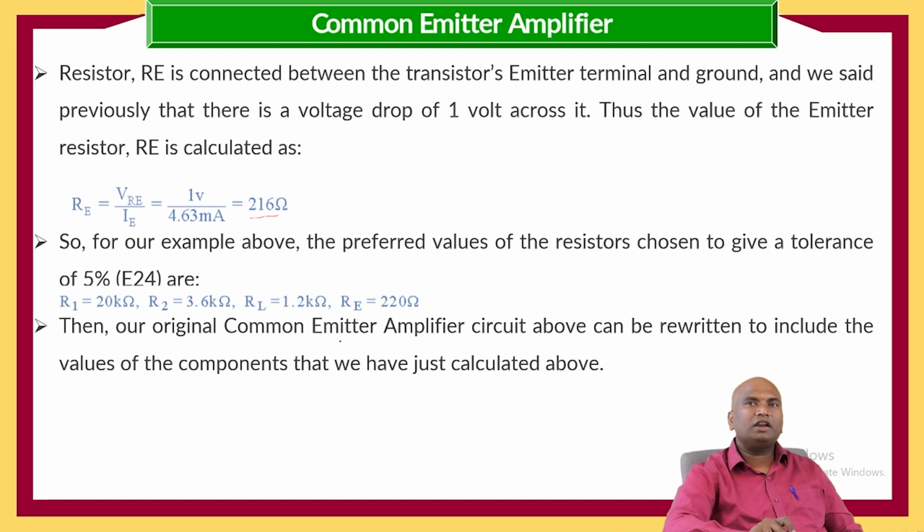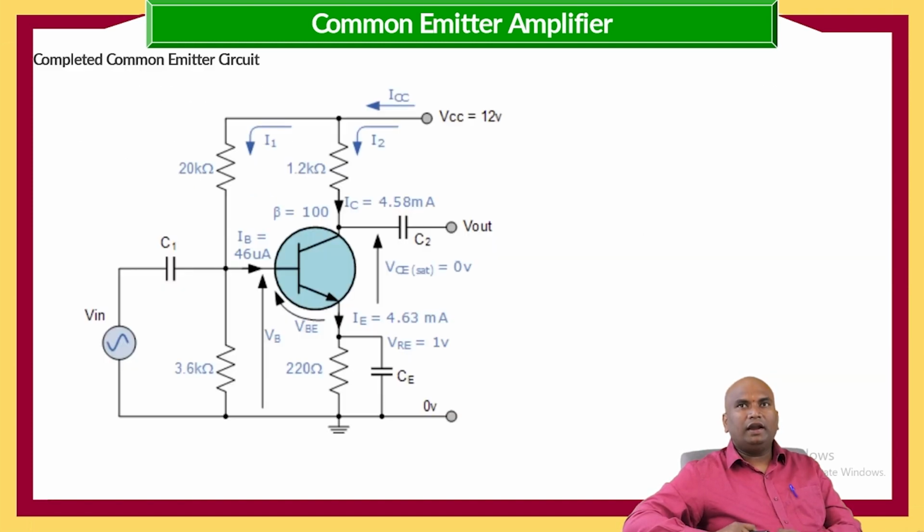Then our original common emitter amplifier circuit above can be rewritten by including the values of the components that we have just calculated, and this is our complete circuit with all the values included.